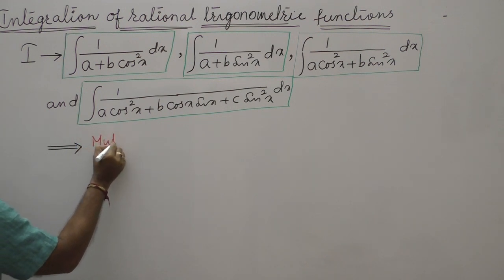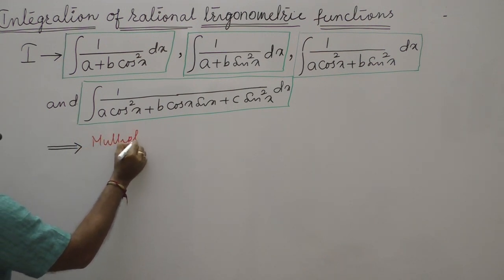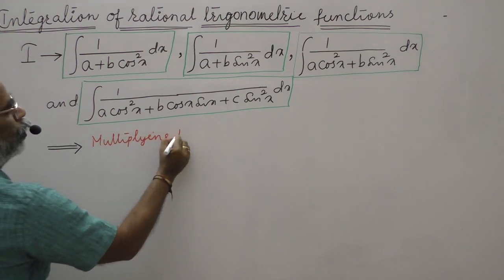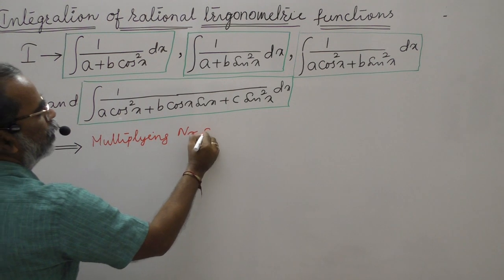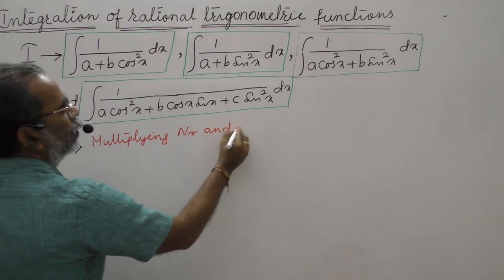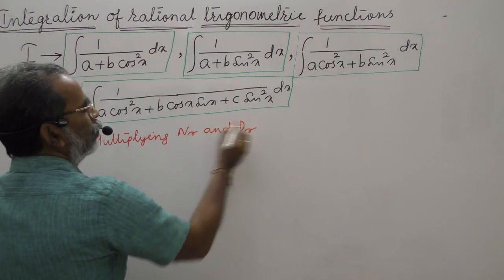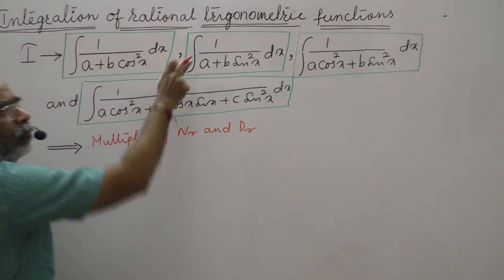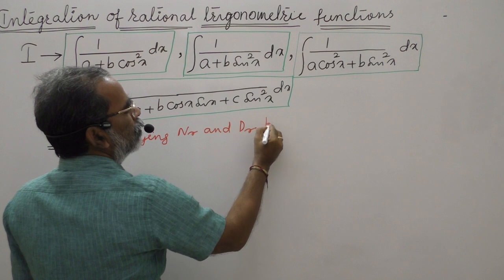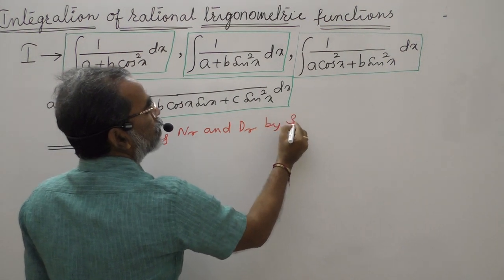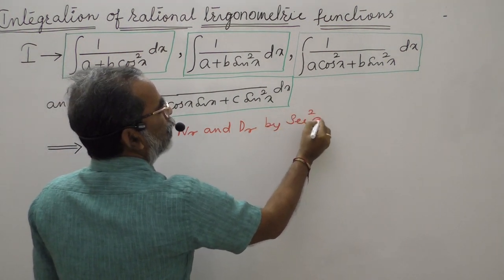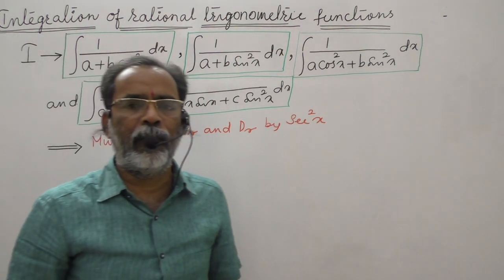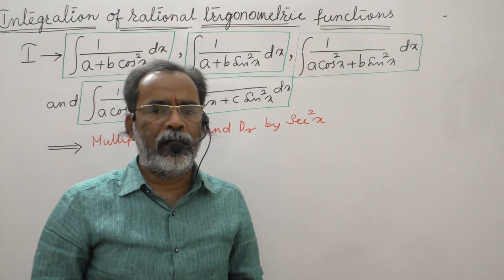The procedure is multiplying numerator and denominator by secant square x.